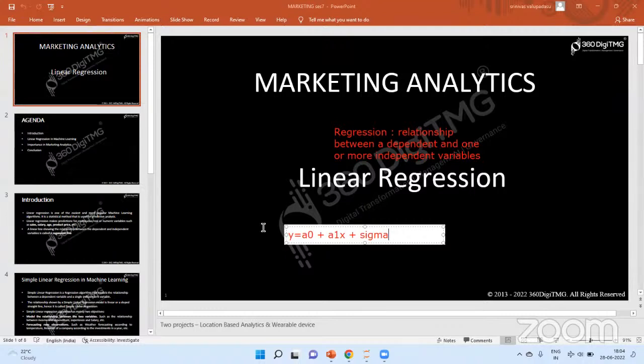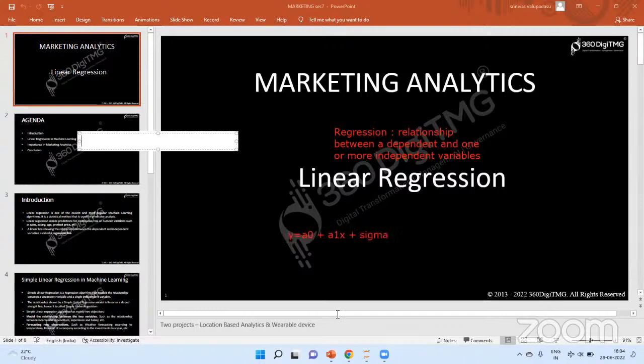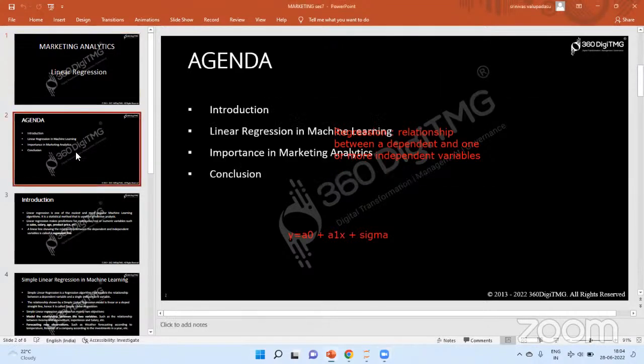Now let us discuss today's agenda. Today we will discuss the introduction to simple linear regression in machine learning, its importance in marketing analytics, and finally we will conclude our session.